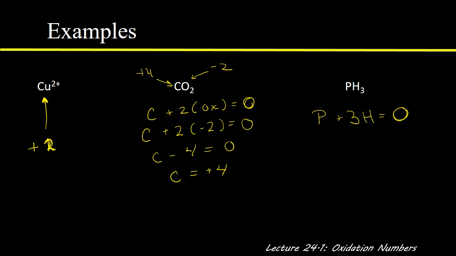Since we've got a non-metal here, phosphorus is a non-metal, that one is going to be the more electronegative. It gets its preferred charge, which if you look at the periodic table, that's going to be -3. And hydrogen, in this case, we know hydrogen, I'll go ahead and put an H in here.